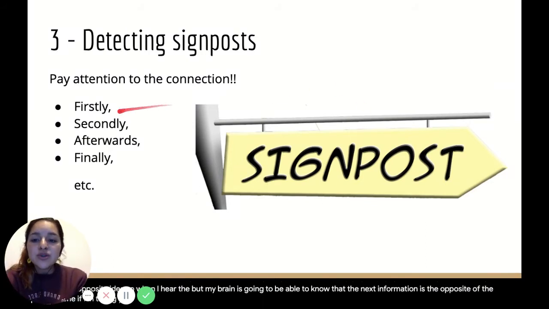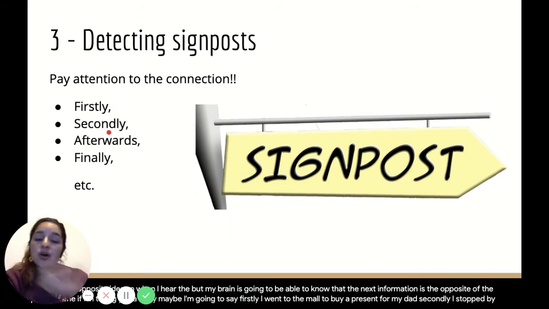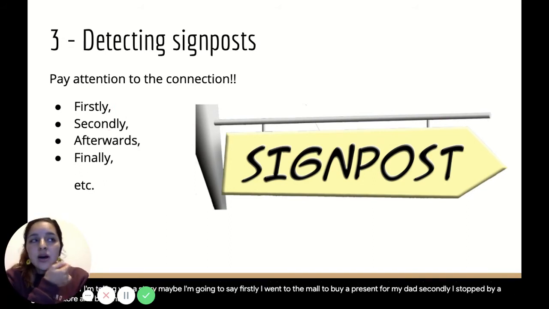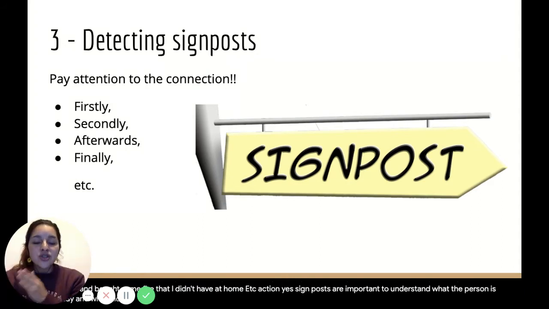If I'm telling you a story, maybe I'm going to say, firstly, I went to the mall to buy a present for my dad. Secondly, I stopped by a grocery store and bought some flour that I didn't have at home, etc. And that is going to give me direction. Yes, signposts are important to understand what the person is trying to say and what direction the text is giving me.